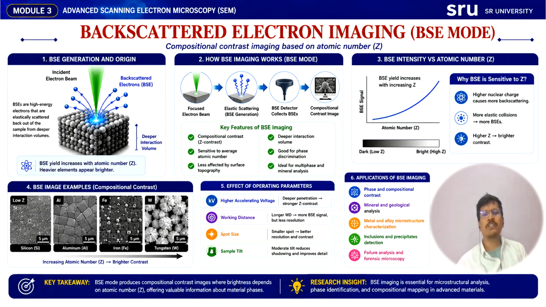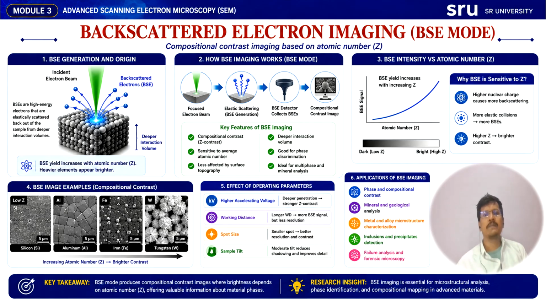The working process begins when the electron beam scans across the specimen. Backscattered electrons generated within the sample are collected by dedicated backscattered electron detectors. The detector measures the intensity of these electrons and produces an image based on the compositional difference.